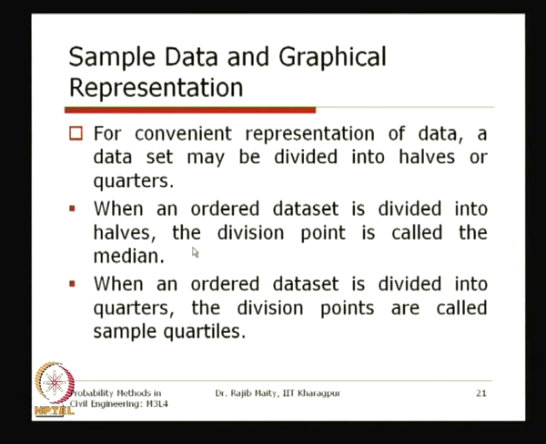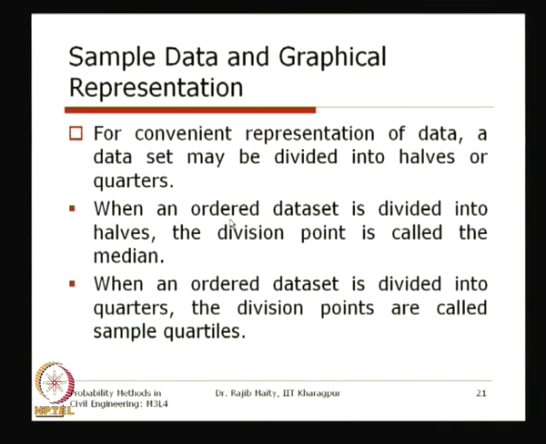Now we will see the different techniques by which we can represent this sample data graphically. For convenient representation of data, a data set may be divided into halves or quarters.